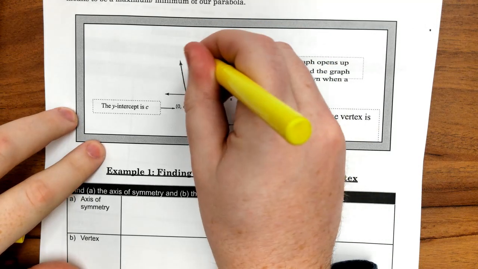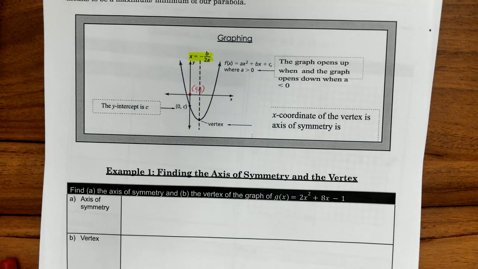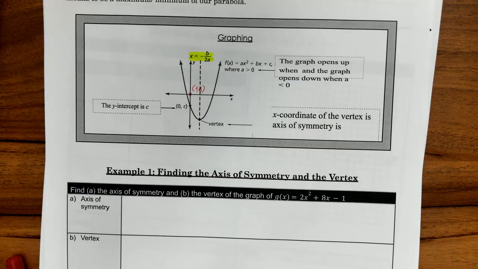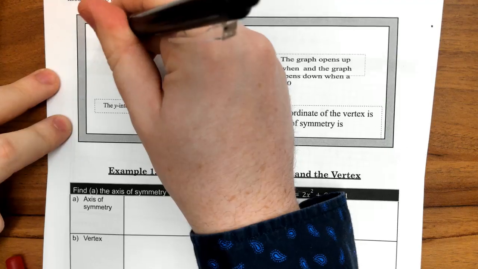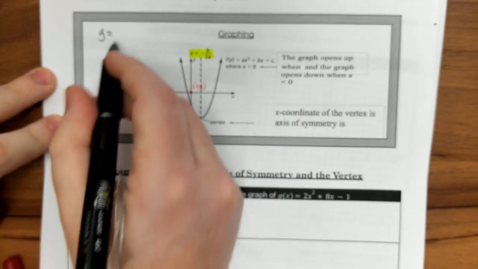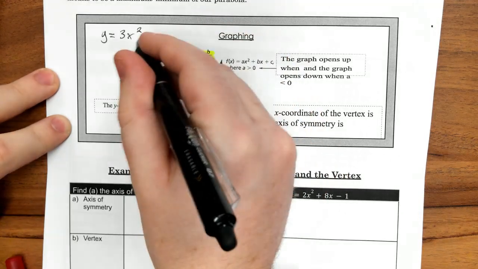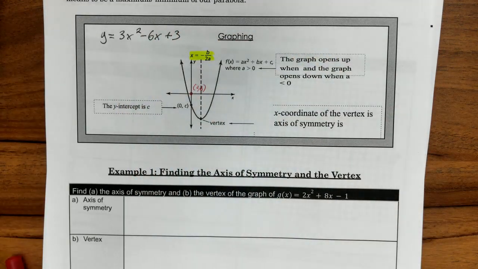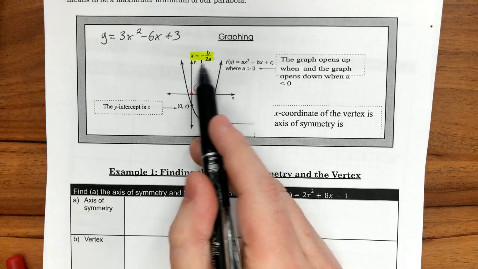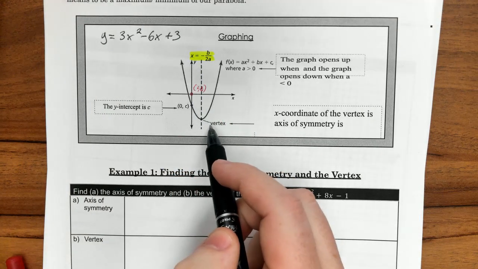This formula, x equals negative b over 2a, is the most important formula of this unit. This is the formula that tells you, when you have a graph in standard form, such as, let's do y equals 3x squared minus 6x plus 3, what the x value of your vertex is.